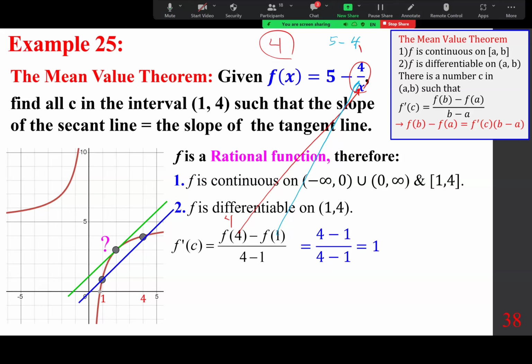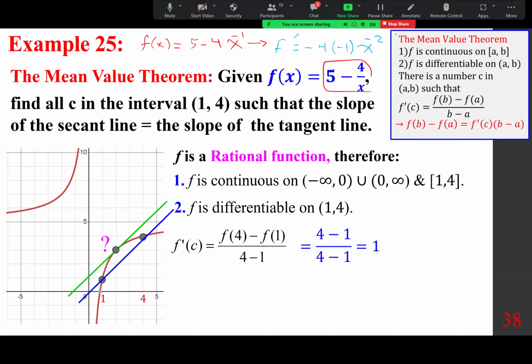So we are going to set f prime of x equal to that. So what is f prime of x? Let me erase my work and show you. You want to differentiate this. So you are going to write this as f of x equals 5 minus 4 x to the power minus 1. F prime is minus 4 times minus 1 x to the power of minus 2. So it makes it positive 4 over x squared.